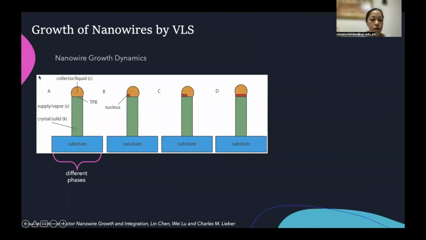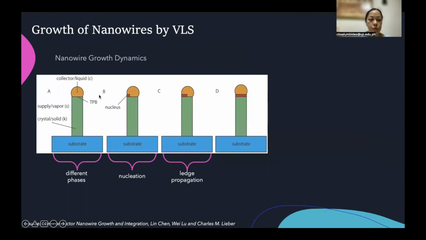So we have the crystal or solid, the supply or the vapor, and then we have the collector or liquid. And then we'll have the nucleation. This figure shows a newly generated nucleus that propagates along the liquid and solid interface.